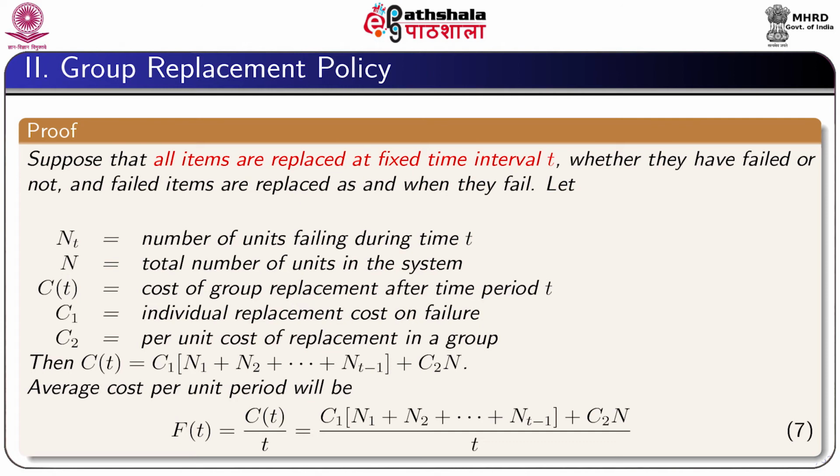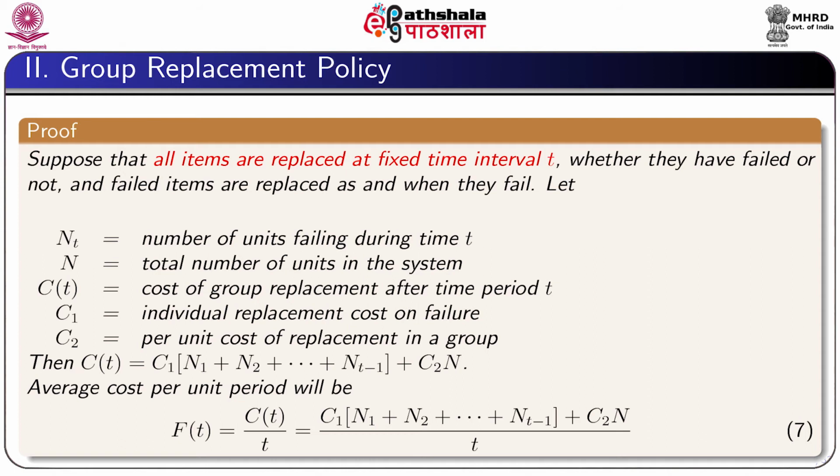Then clearly we have C_t equal to C_1 into (n_1 plus n_2 plus dot dot dot up to n_{t-1}). n_1, n_2, n_{t-1} are the numbers of units failed during time periods 1, 2 and t minus 1 respectively.